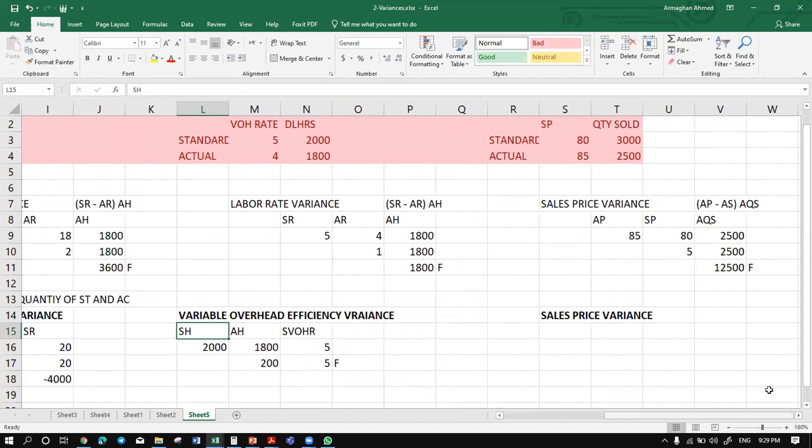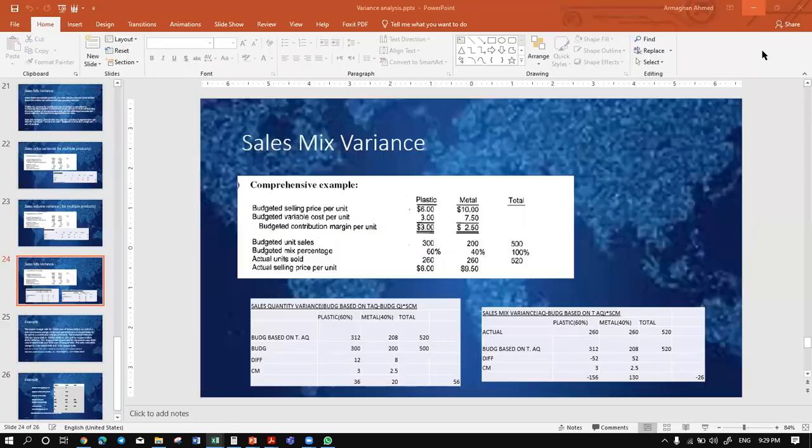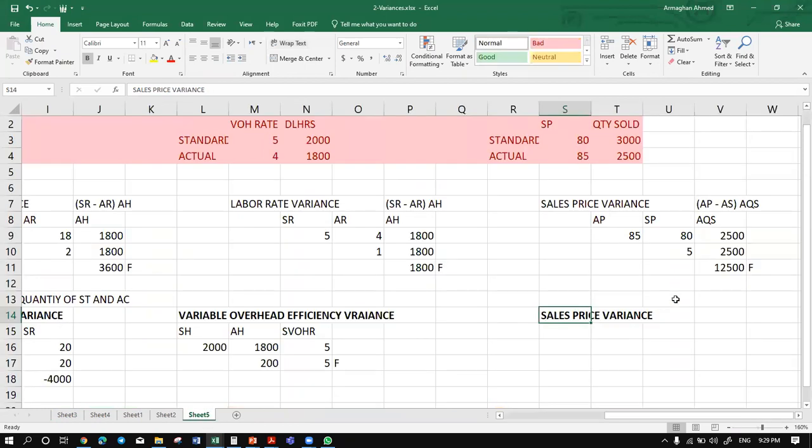Finally, we are coming to the sales volume variance, right? The sales volume variance formula is a little different. Let me tell you.